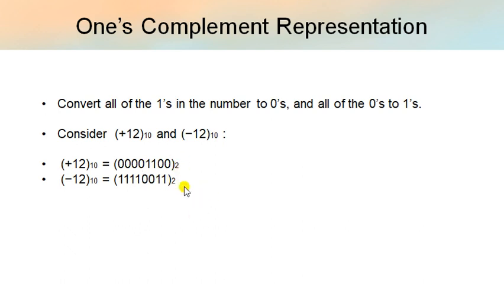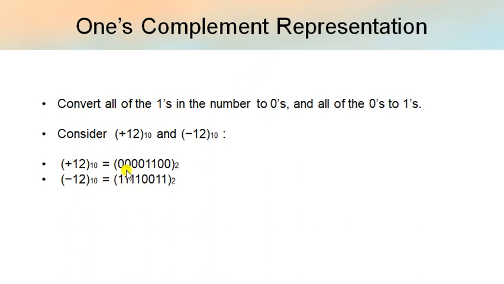Here is an example for the 1's complement representation. First of all, we write plus 12 in binary: 00001100, where the leftmost 0 represents the plus sign. For computing negative 12, we use the 1's complement representation.